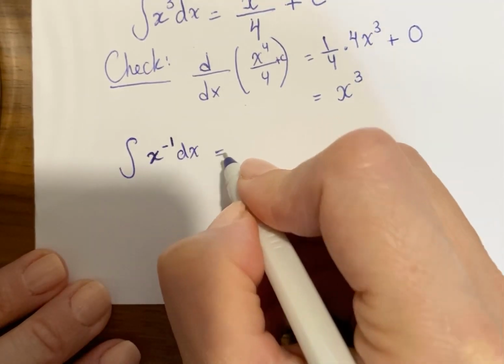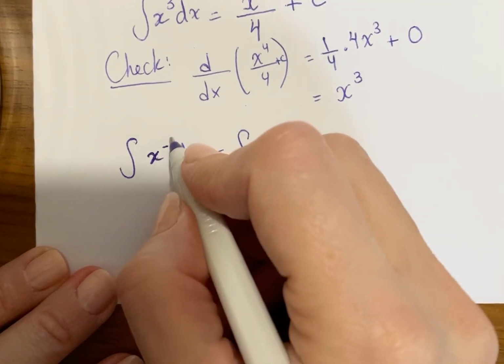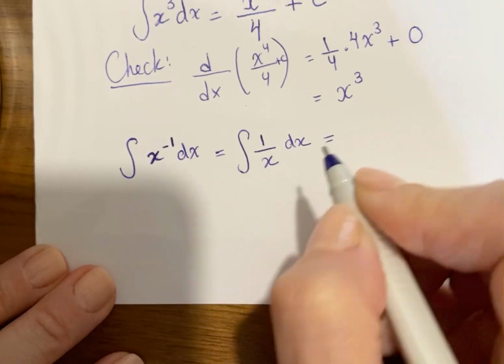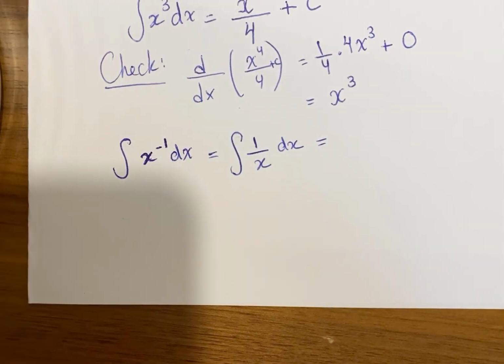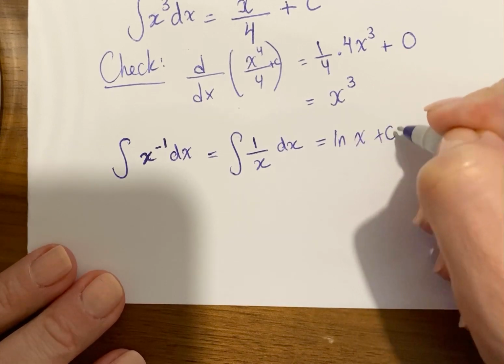dx. When the power of x is minus 1, it's no longer a power problem, because x to the power minus 1 is as if we have 1 over x. And this is the antiderivative of what function? If I want an antiderivative for 1 over x, what function when you differentiate it gives you 1 over x? Exactly, it's not a power, and we'll keep it for later on.